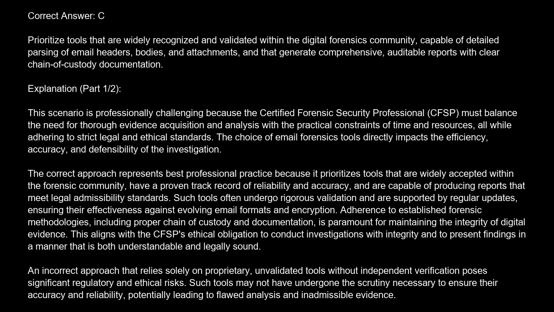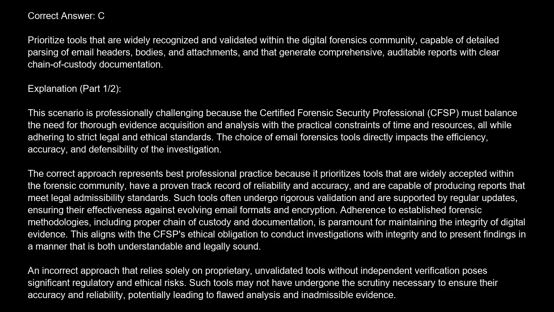The correct approach represents best professional practice because it prioritizes tools that are widely accepted within the forensic community, have a proven track record of reliability and accuracy, and are capable of producing reports that meet legal admissibility standards. Such tools often undergo rigorous validation and are supported by regular updates, ensuring their effectiveness against evolving email formats and encryption.